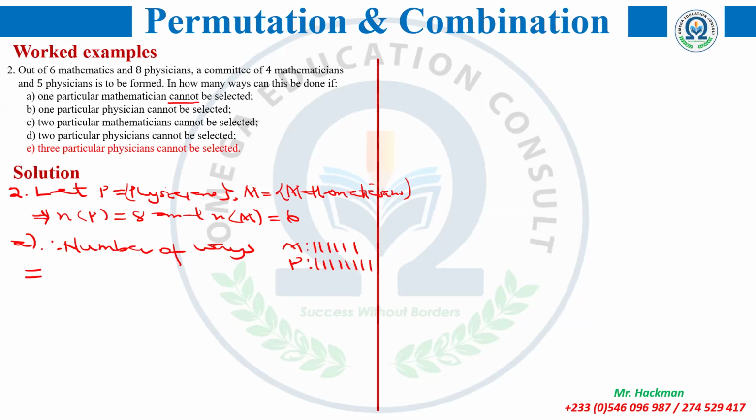So once Adoma cannot be part, it means Adoma is not available for selection. Am I right?